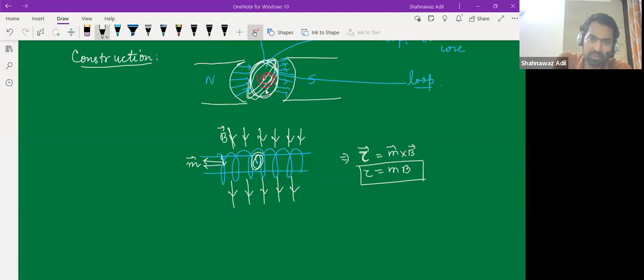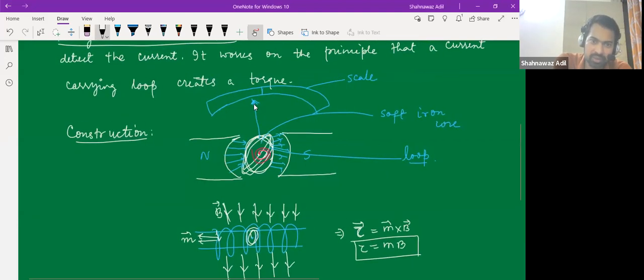So you have this arrow in the upper diagram, which will deflect, which will deviate from its initial position. If it is deviating, it means that we have a net torque, which means that we have a current passing through this loop. In that way, we can detect whether a current is passing or not.